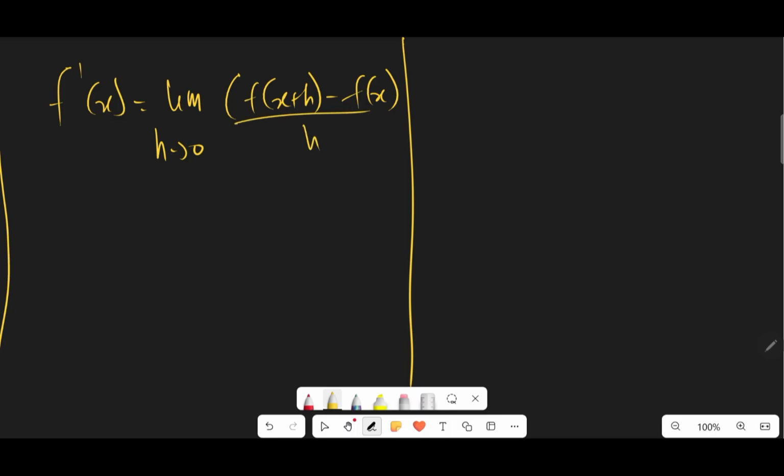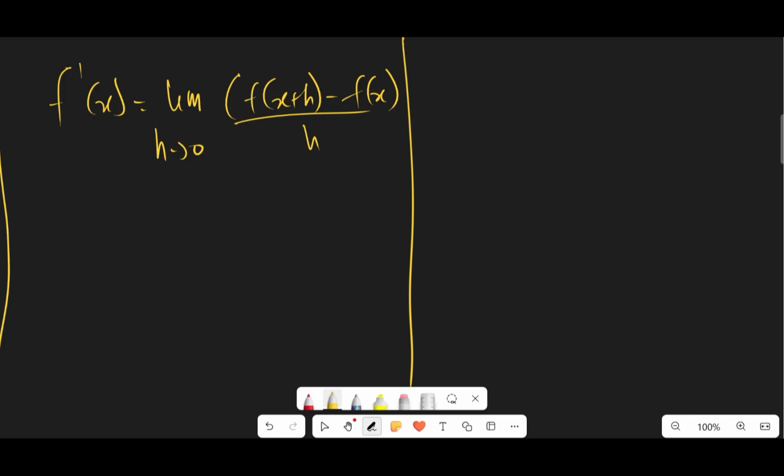This formula means that anywhere we see x in a question, we are going to put x plus h there.